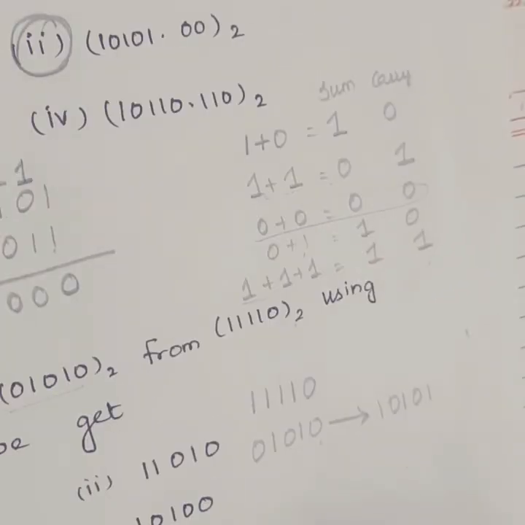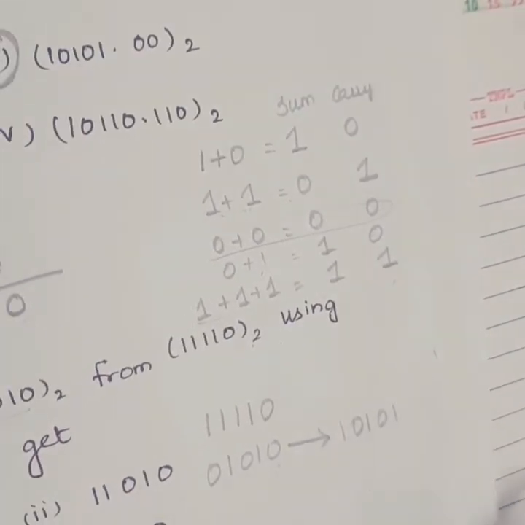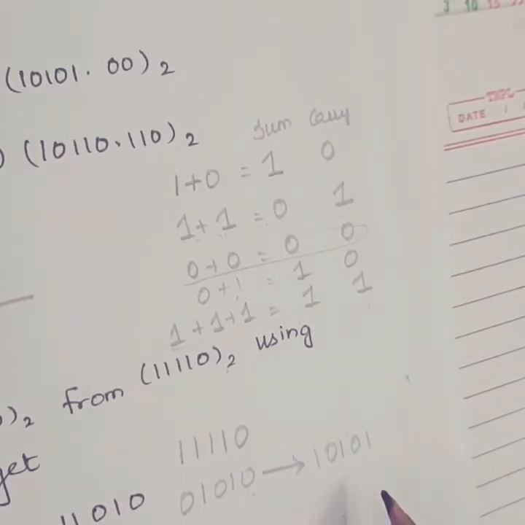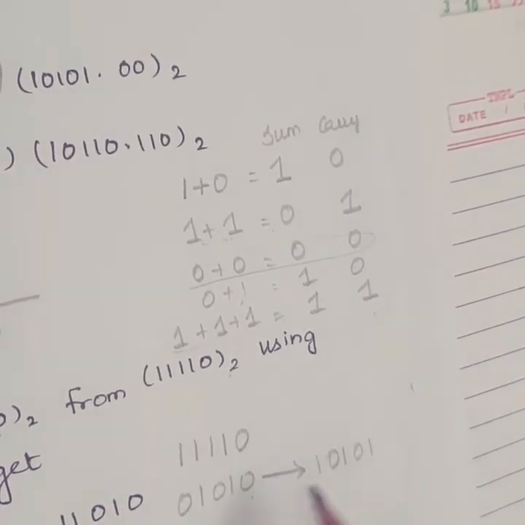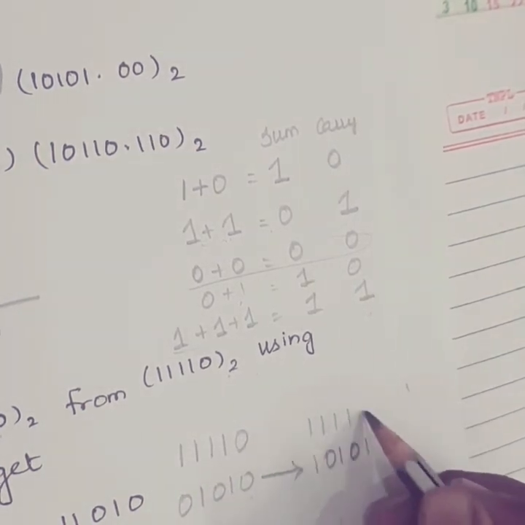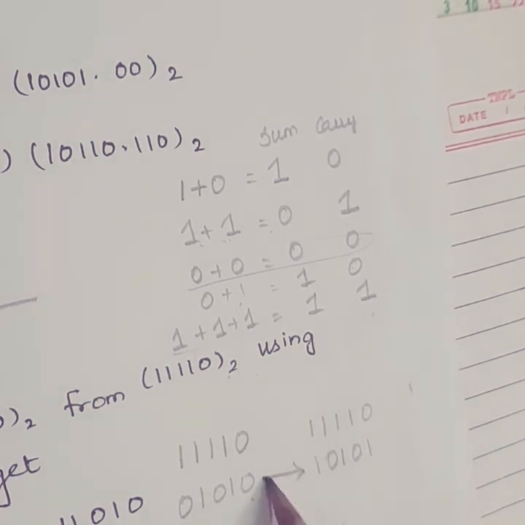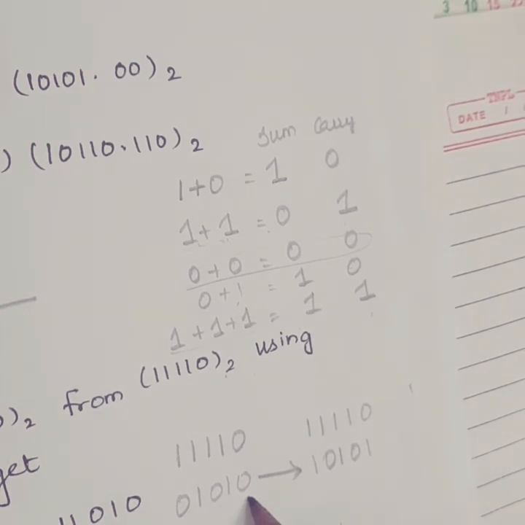We know 1's complement can be calculated by complementing each bit in that number. After taking 1's complement, we have to add this with the first number 11110. Actually it is given as a subtraction, but here we are using 1's complement. So in the 1's complement technique, you take the 1's complement of the second number and add it with the first number.